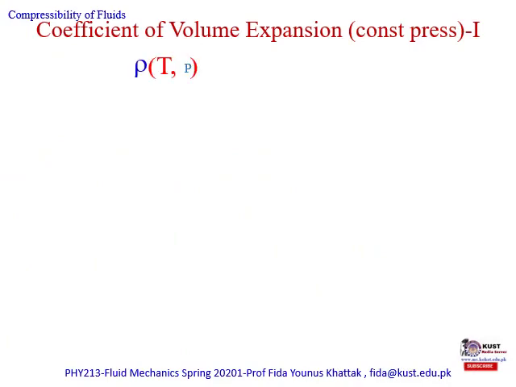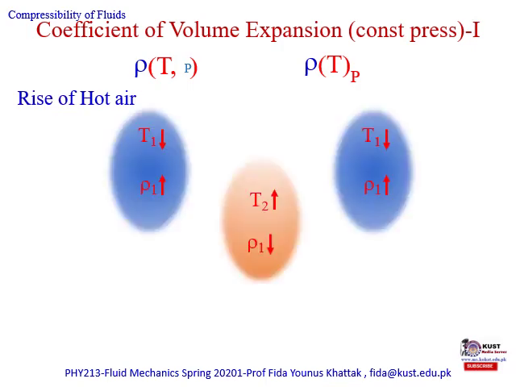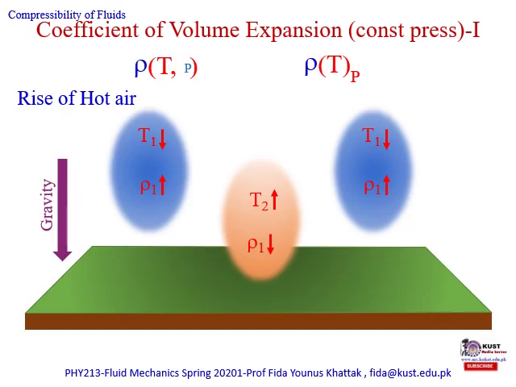The density of a fluid depends strongly on the temperature and weakly on the pressure. In isobaric processes, we look into the variation of density as a function of temperature at constant pressure. As an example, look at the rise of hot air near the surface of the earth because of the variation and the absorption of sunlight. You could have different regions or pockets of air near the surface.